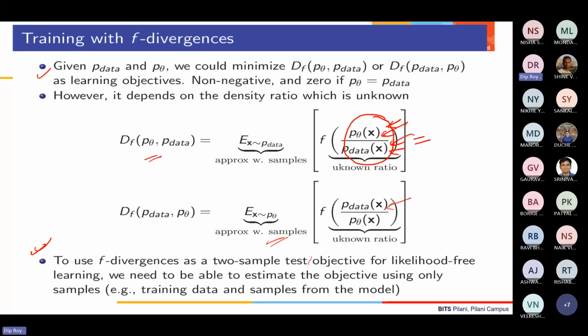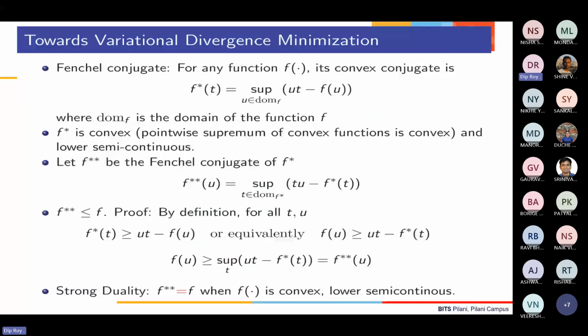So you remember from your previous semesters that whenever you come across this kind of problems where the primal form cannot be solved easily, then you need to basically explore the duality. Okay. And in this case, we are going to use something called the Fenchel conjugate.